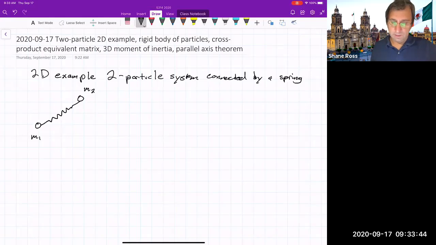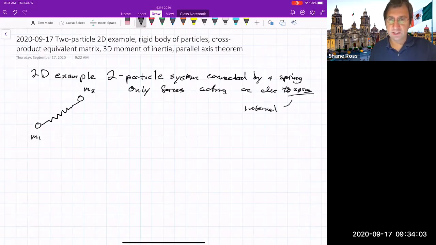Well, the only forces are going to be due to the spring, and so these are internal forces in our categorization of external versus internal.